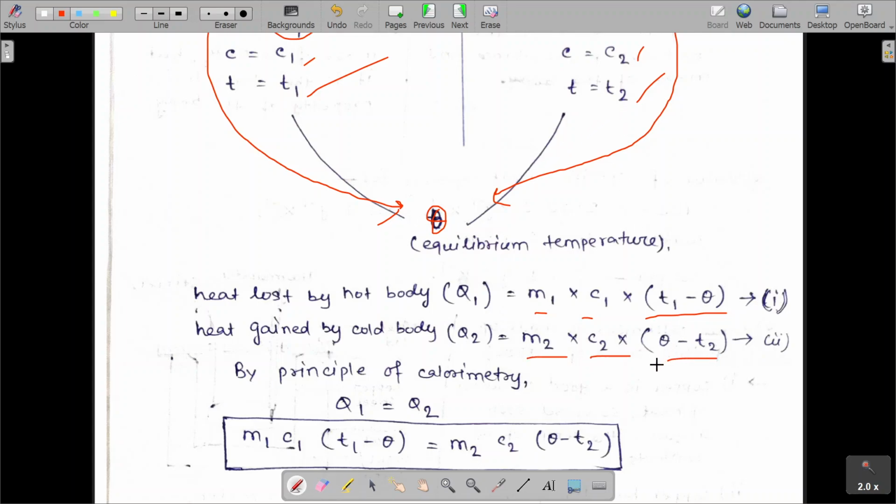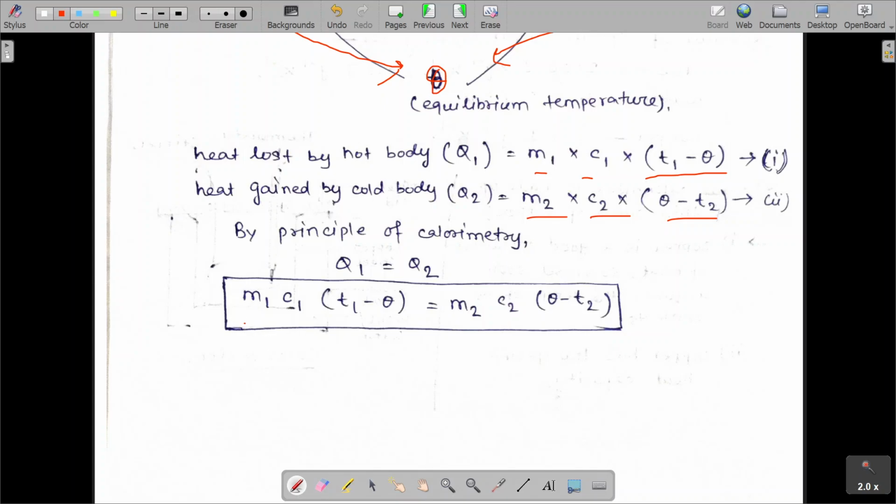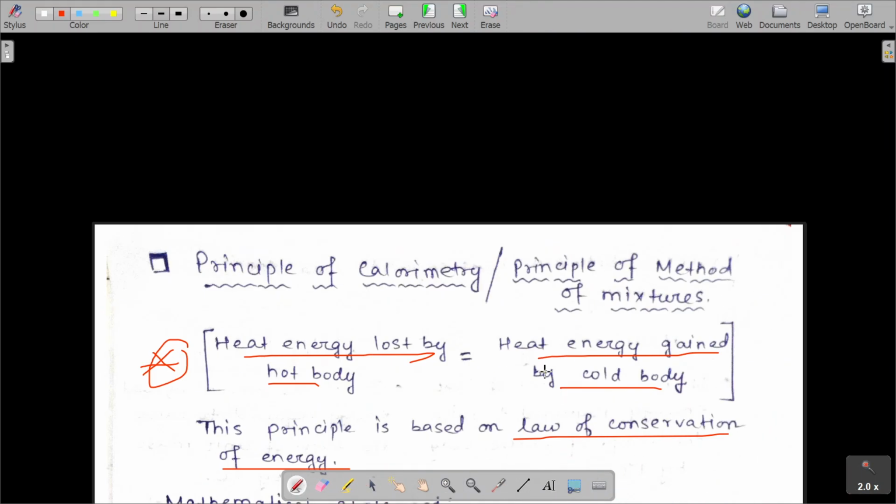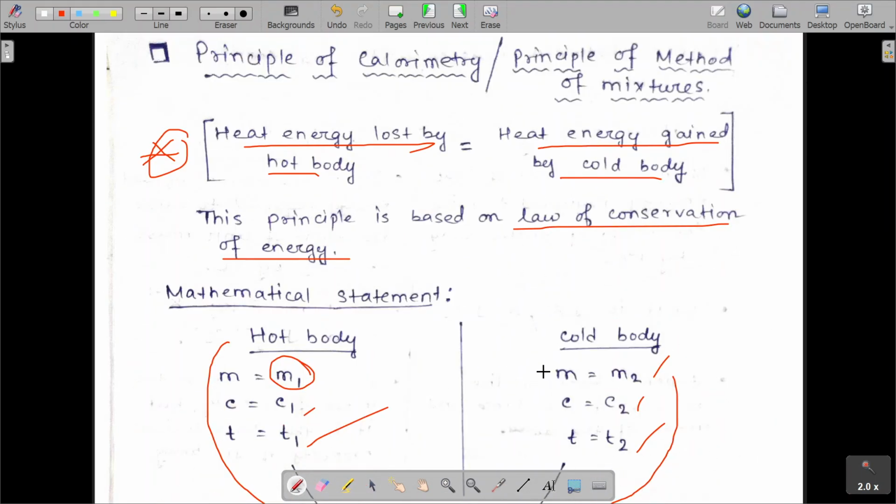So by the principle of calorimetry, we can say that Q1 equals Q2. So m1 c1 (t1 minus theta) equals m2 c2 (theta minus t2). Understood? So this is the first part of the chapter.